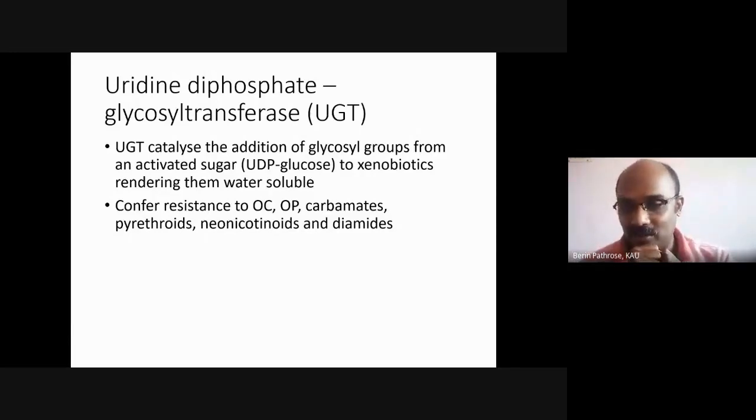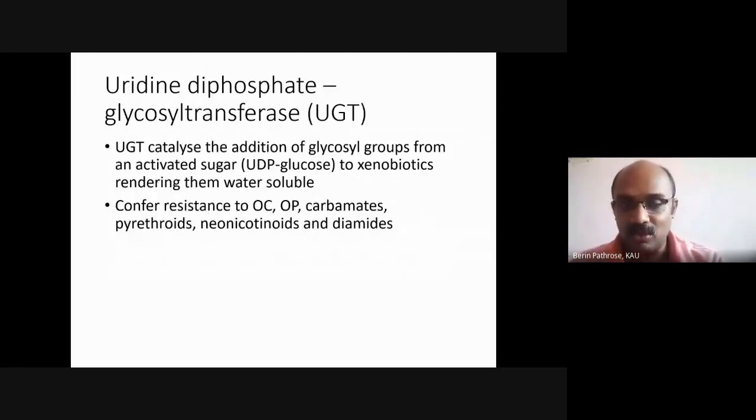So this UDP binds with glucose, and once glucose binds with UDP it gets activated and becomes more energetic, and this glucose moiety from the activated sugar is transferred to xenobiotics or pesticide molecules.